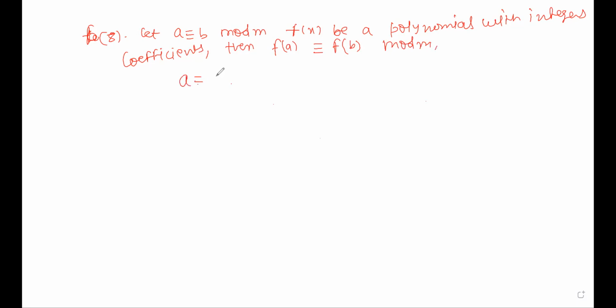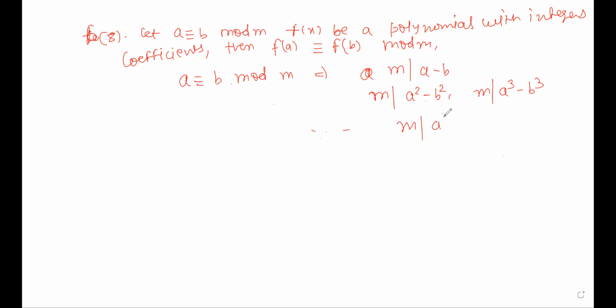Since a is congruent to b mod m implies m divides a minus b, m divides a squared minus b squared, m divides a cubed minus b cubed, and m divides a^n minus b^n. Again, f(x) can be written as c0 plus c1x plus c2x squared plus up to ckx^k, where k is a positive integer since f is a polynomial.